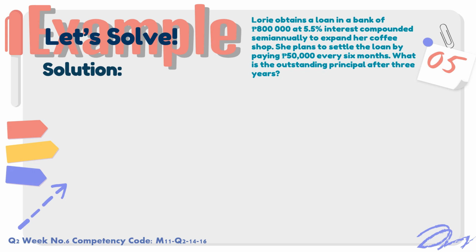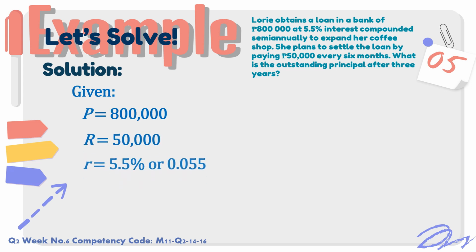To solve, identify the given. P is 800,000, big R is 50,000, small r is 5 5/10% or 55,000, M is 2 for semi-annually, K is 6 since that it is semi-annually by 3 years, therefore that's 2 times 3 after 6 payments.